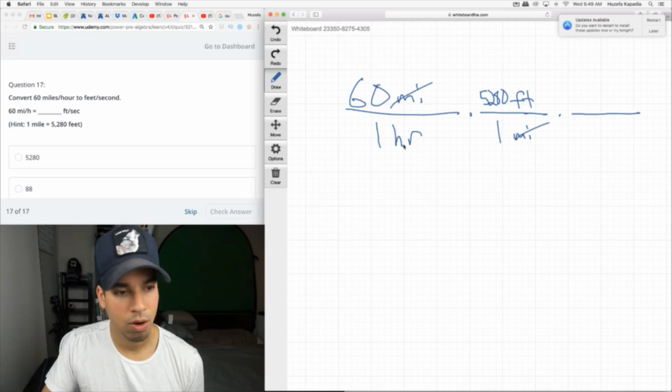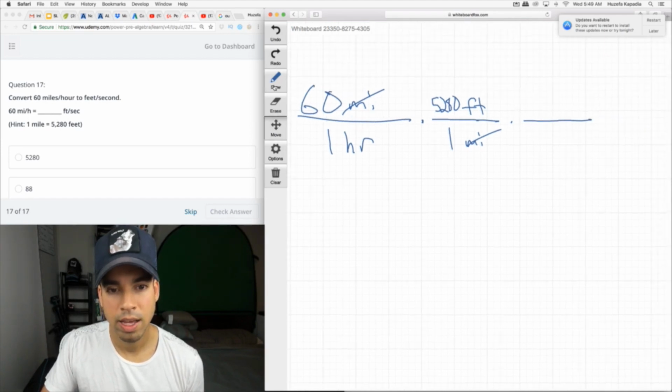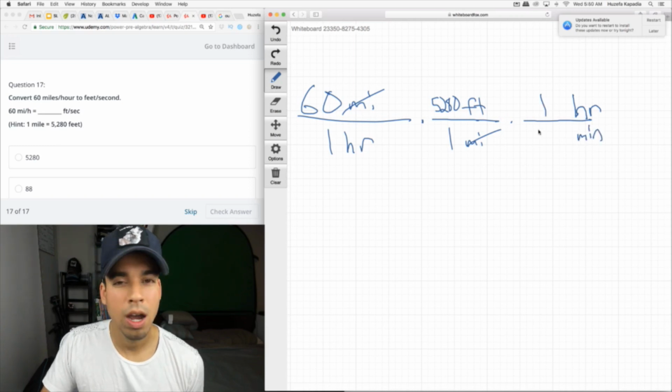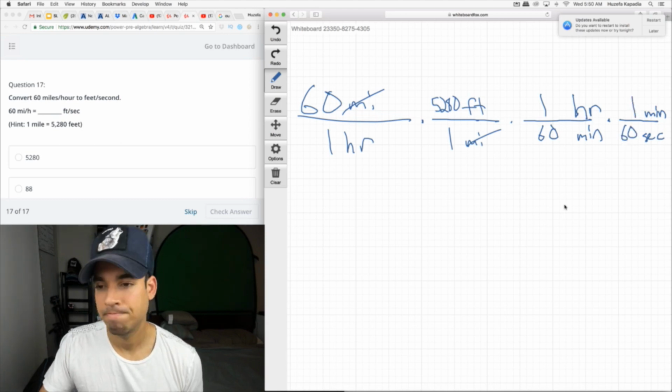Then we got to convert the hours to seconds. So I'm going to again put the hour up here so we can cancel it out. And let's first convert it to minutes and keep it easy. 1 hour we know is 60 minutes, right? And then again, convert those minutes to seconds. We know that 1 minute has 60 seconds.